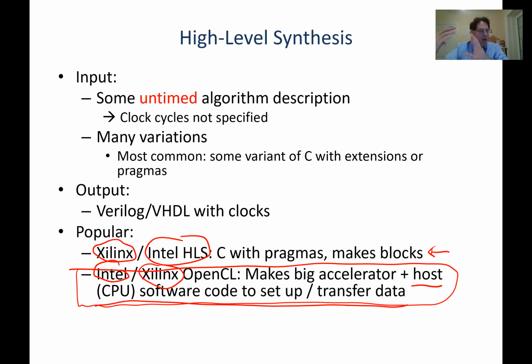If you're trying to make a hardware module, you give us a smaller amount of C with some annotations, we'll make you a hardware module. If you're trying to make a big accelerator, you give us all the code and we'll make you that whole big hardware module. And as an additional value add, we'll also allow you to code at a higher level to talk to a CPU.